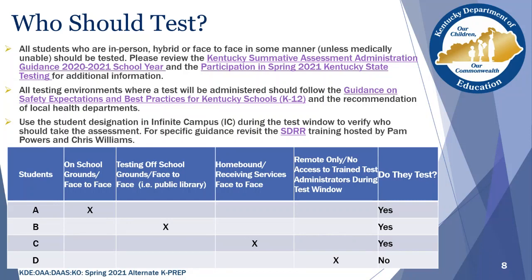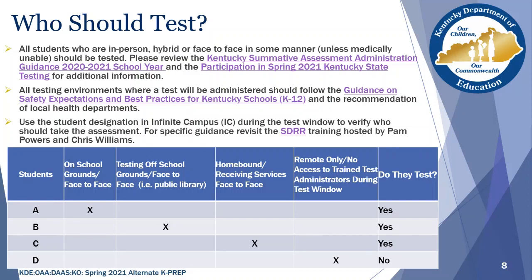So in that SDRR training, the DACs and BACs will be able to review the information that was shared out and how to proceed in marking those students based upon how they should be identified in Infinite Campus for those attendance records.